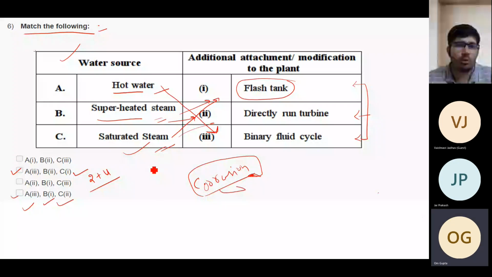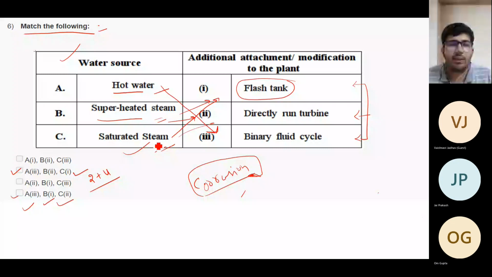Instead of steam you can also run hot water, because hot water will also have maybe some quantity of steam. Maybe you will just turn the turbine for 2 or 3 rotations. But it's not about the rotation. It's about the generation of electricity and the feasibility of the system. Turbine blades are very costly.